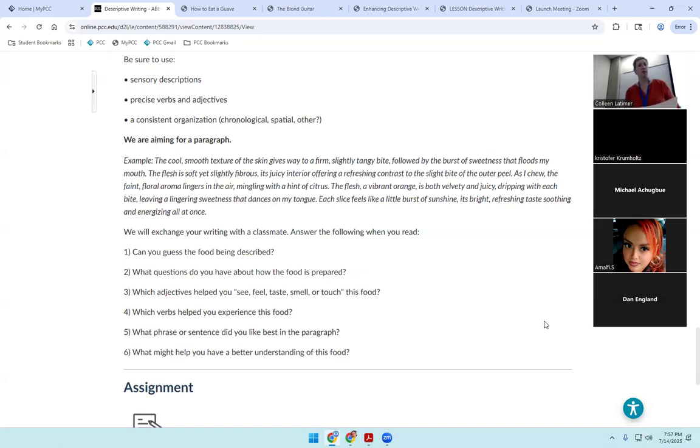If you're not sure how to get started, you can refer back to that descriptive list of senses. Might jog your memory on how you want to describe this food.